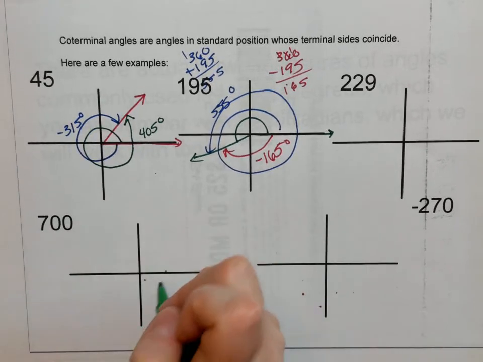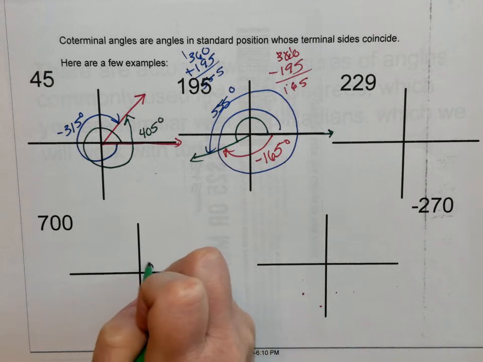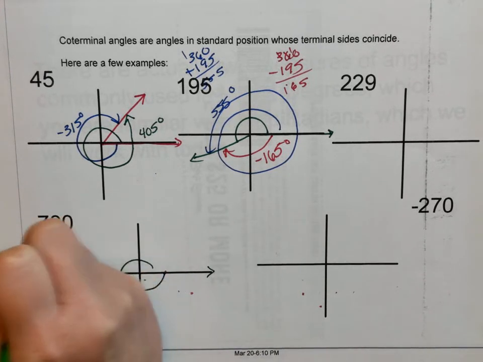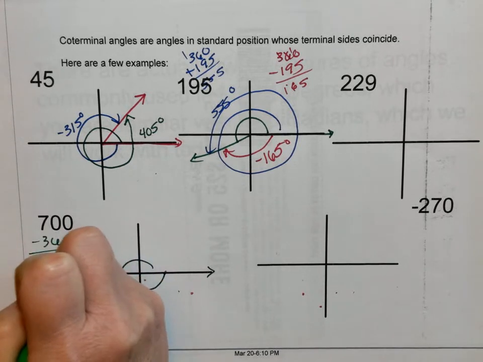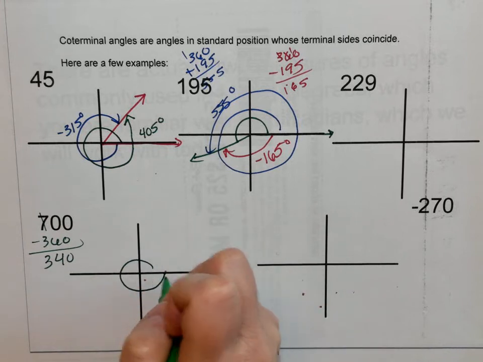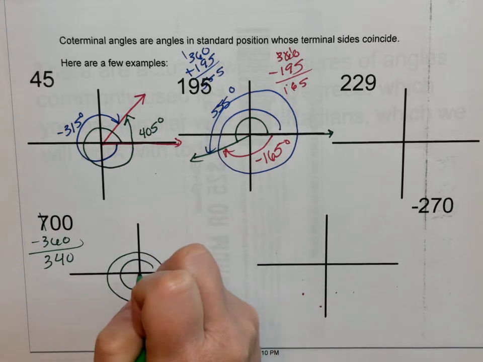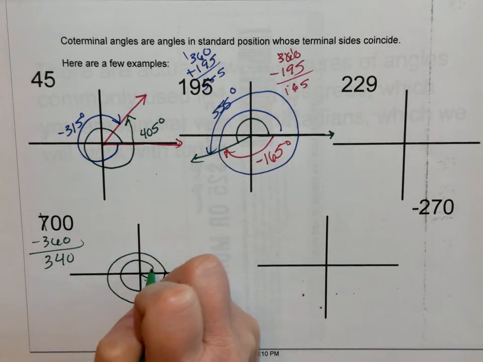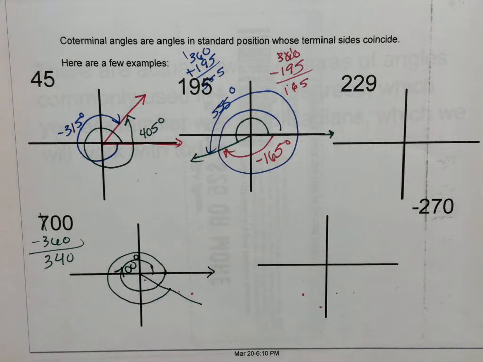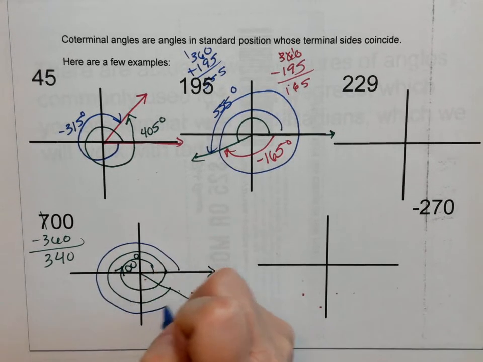How about 700 degrees? Let's find out where that is first of all. Okay, so initial. There's 360, so 700 minus 360 leaves me 340. So I went 360, I need to go another 340, so here is 700 degrees. A real quick one would be, wait, can I just do this?